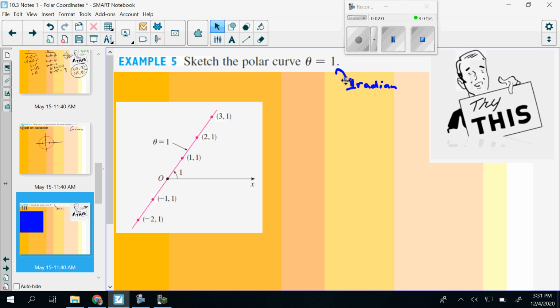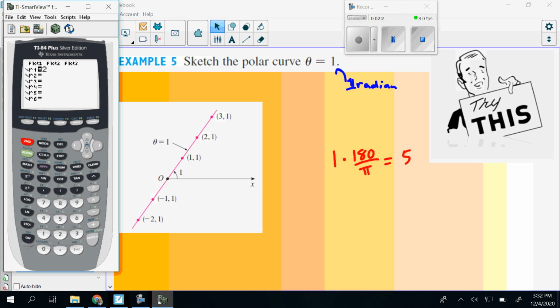So if you measure 1 radian, if you want to know what 1 radian looks like, do 1 times our conversion here of 180 over pi, and it's going to be around 50 some degrees if you go on your calculator. 180 divided by pi here.